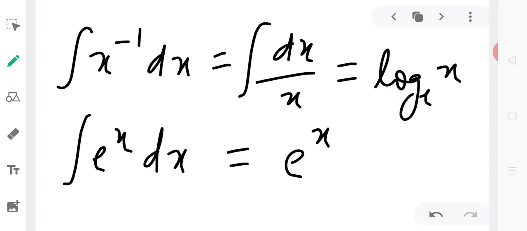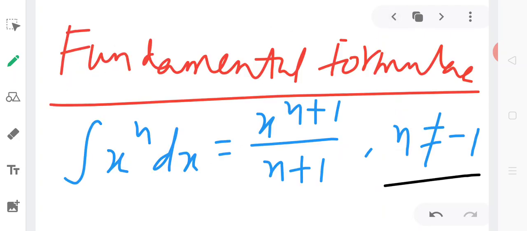I would like to repeat once again that the topic of integration will be covered in detail in mathematics in standard 12, but for the time being in physics, as we have to do a lot of derivations using the concepts of integration, it is very important to remember these standard integrals, and the most important one being this one. This you have to remember, because in most of the chapters, in most of the derivations, you will find that we are making use of this particular standard integral.